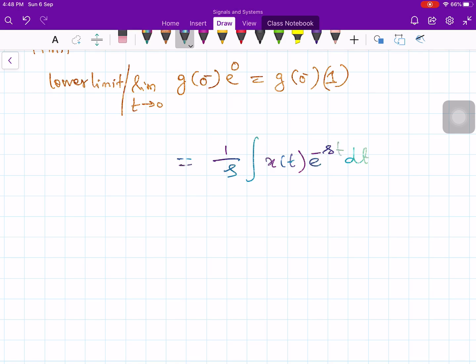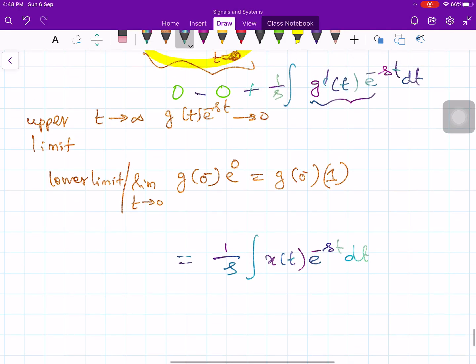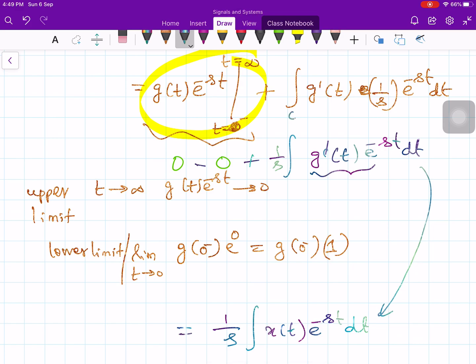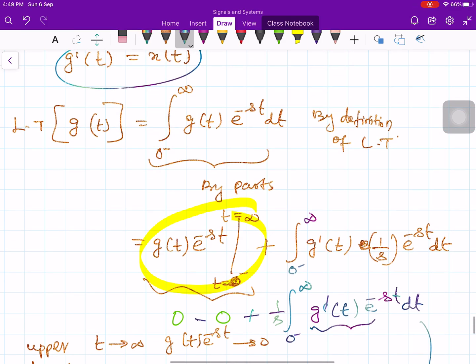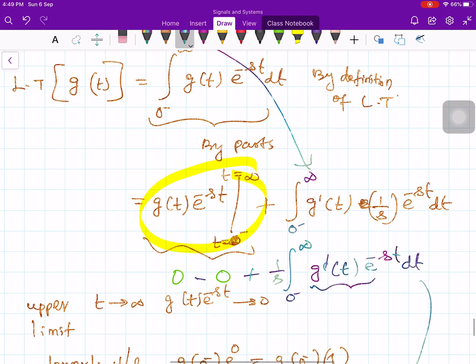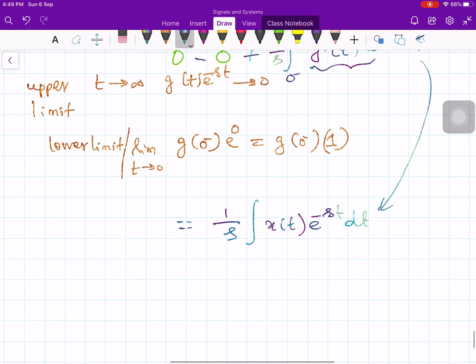Now the limit, by the way, is 0 minus to infinity, and this also is 0 minus to infinity. I forgot to put it here. The limit comes from the definition of the Laplace transform. Don't you see, this is the definition of the Laplace transform of x of t.